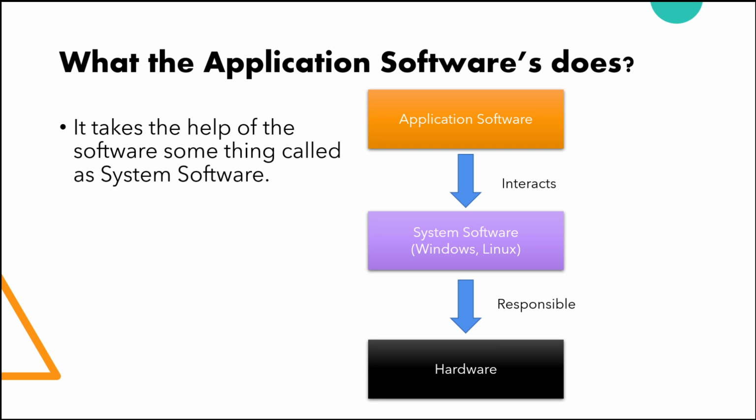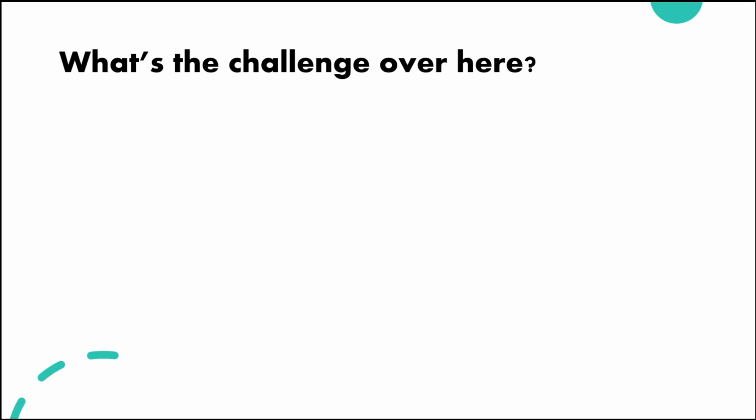But application software cannot directly interact with the hardware. You must understand this, because application software interacts with system software, which is responsible for hardware allocation and performs all those activities.